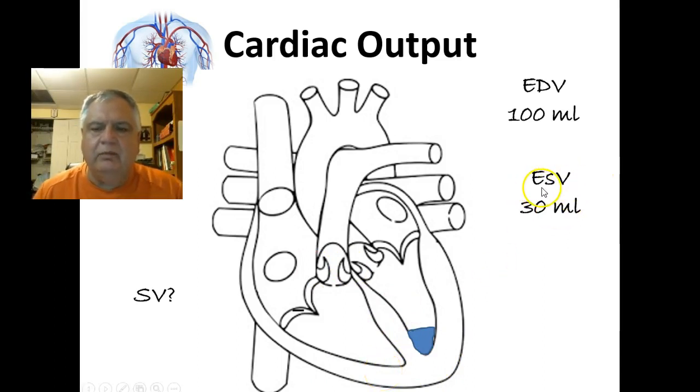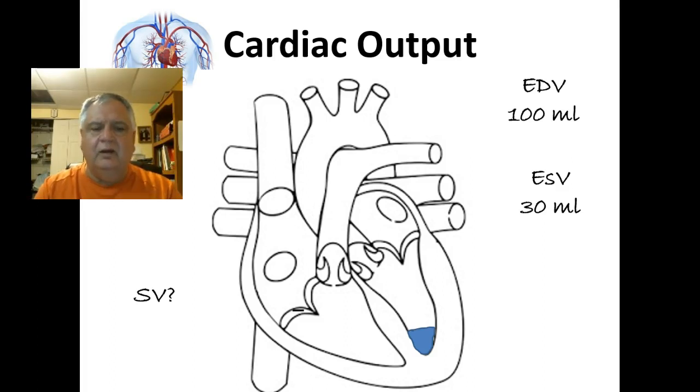And that blood that remains in the ventricle at the end of systole, so the instant the contraction stops, how much blood still remains? Because it's going to start to refill, but before it starts to refill, at the instant that systole ends, how much blood is still left in there?